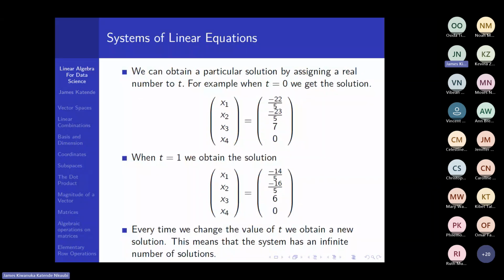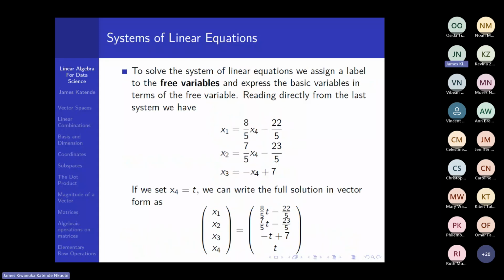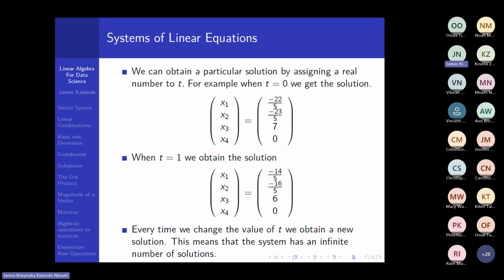Is it 14? So on. When t is 1, you just come back to this, make your substitution, and you will have a solution. Any value of t that you plug in here will give you a solution. That tells you that this system has infinitely many solutions.